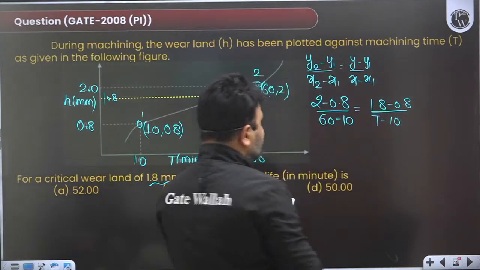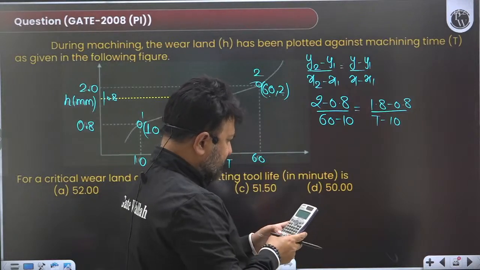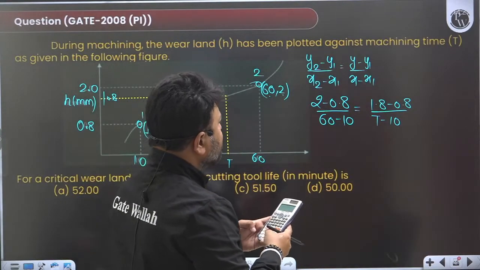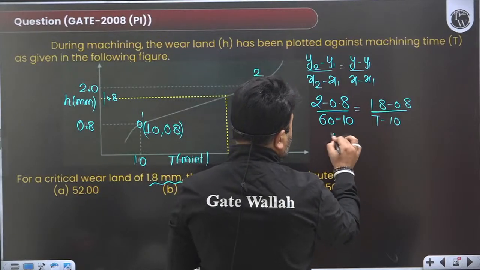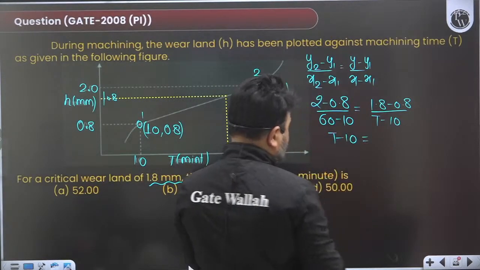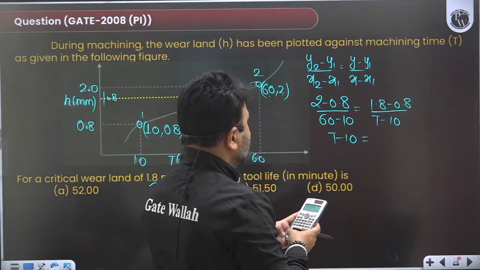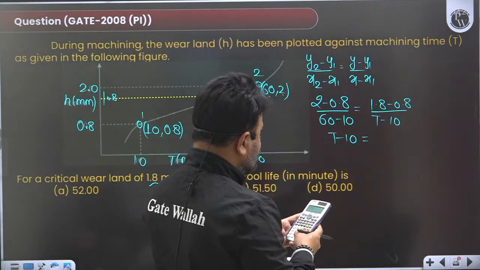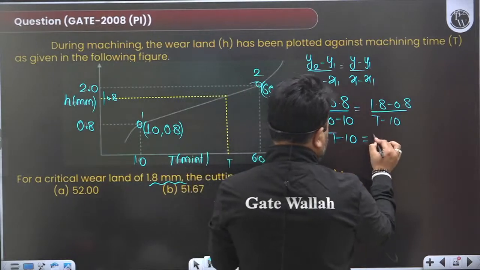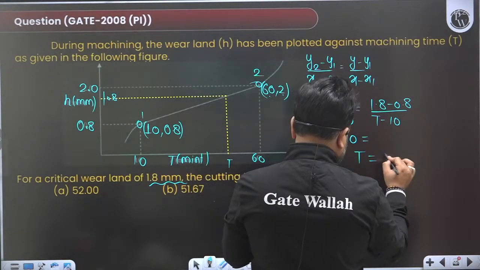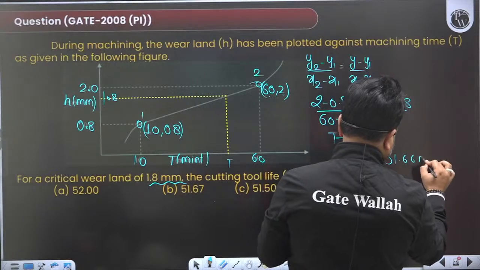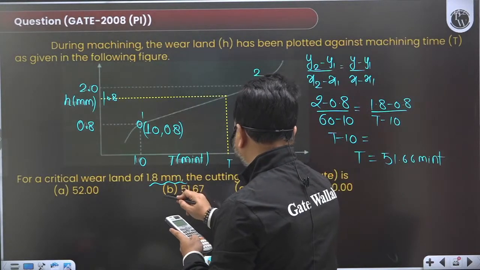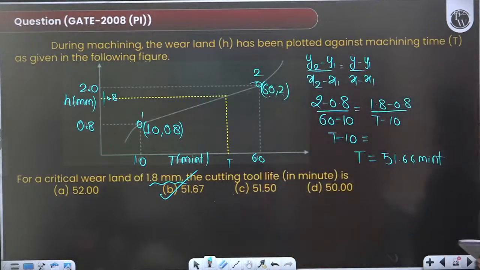Everything is perfect now. 2 minus 0.8 divided by 60 minus 10, then t minus 10. 1 divided by this answer plus 10. So here it comes 51.66 minutes. So 51.66. Option B is the right answer.